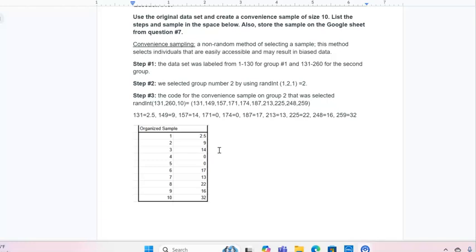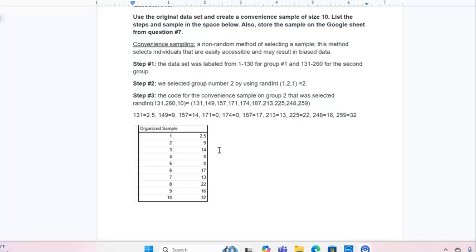In step 3, the code that we used for the convenient sampling for the 10 values was the random integer code again. We did 131 to 260 and then a maximum of 10 values.